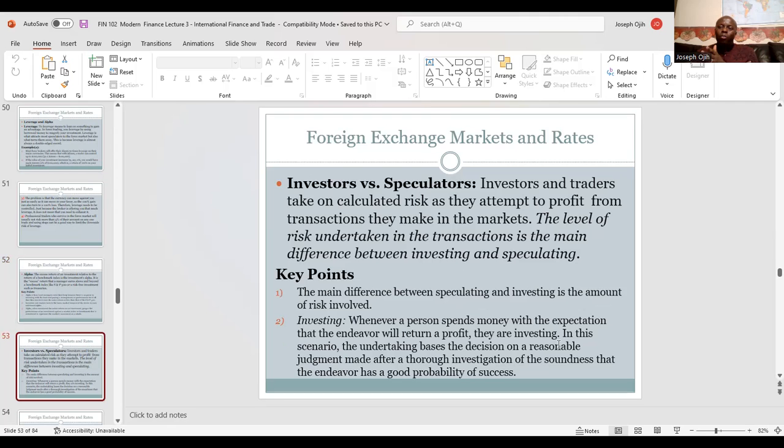Before they do that, they look at Walmart's fundamentals, like the balance sheet and income statement, and say, okay, this is a good company, and they have a high chance of making profit. They can then invest. But speculators actually do the opposite.